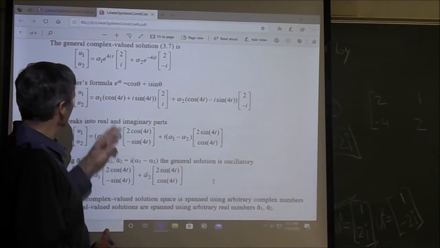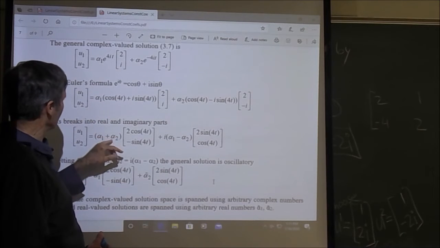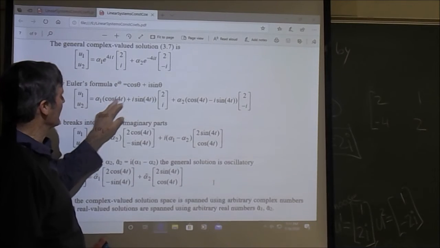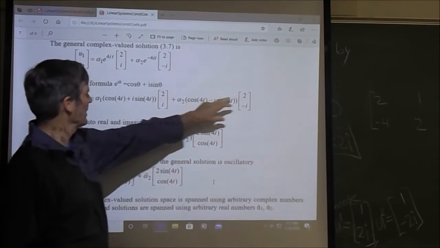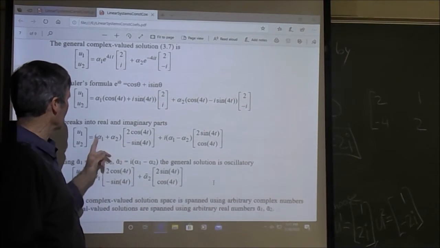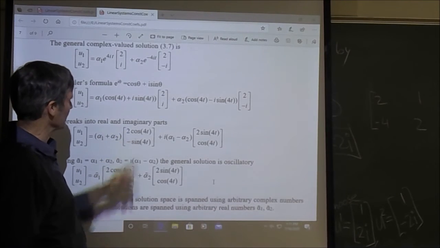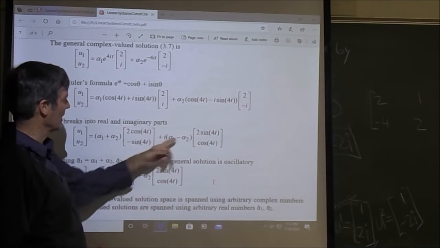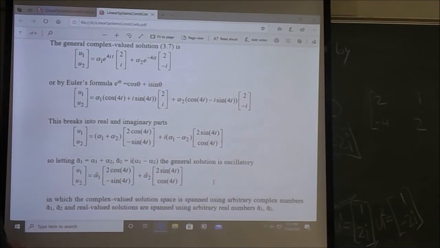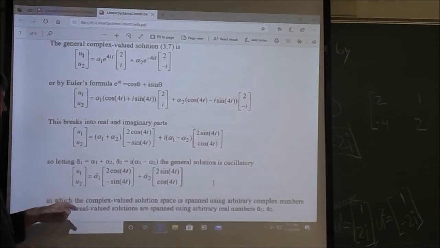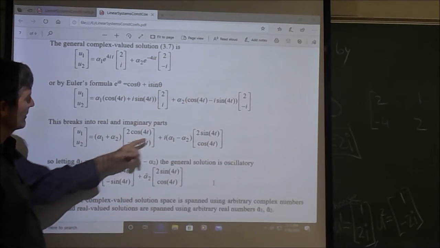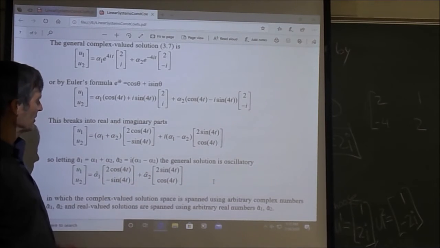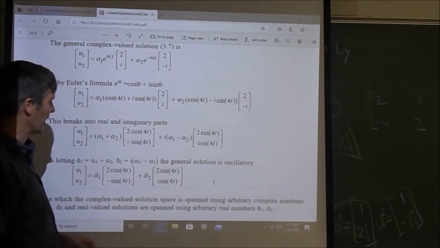With the constants out front, alpha 1 plus alpha 2 multiplies 2 cosine 4t. The parts with i in them come out to be these. And if we then replace alpha 1 plus alpha 2 with alpha tilde 1, and alpha 1 minus alpha 2 with alpha tilde 2, we can rewrite all solutions in this form, and this is the same set of solutions that we had up here.